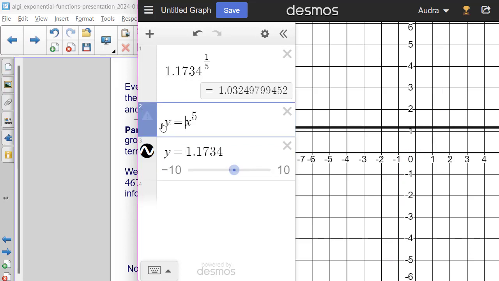And this we also have as y equals. And then if we find the point of intersection, this will also give us the correct answer for our problem. The answer here is 1.032, which is the same decimal, just rounded to the nearest thousandth place.